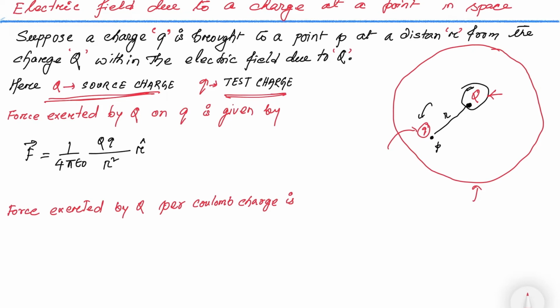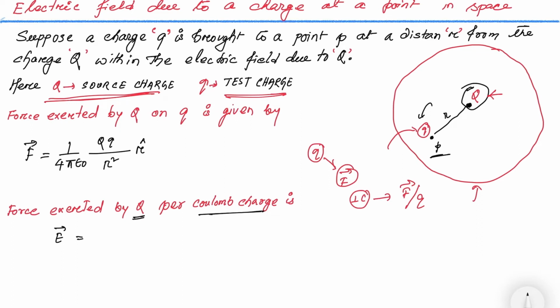Okay, now you see, if F force is acting on q amount of charge, then what will be the force on 1 coulomb charge? That's going to be F by q, right? So that's why the electric field at this point P is nothing but the force exerted per coulomb charge.